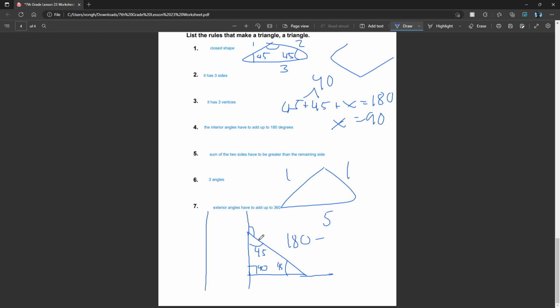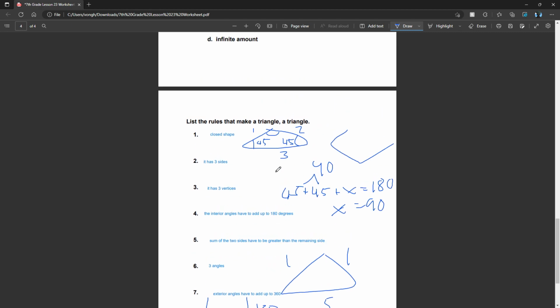So 180 minus 45 equals 135. Since this is 45, it's also going to be 135 here. And then 180 minus 90, that's also 90 here. If we add up both of them, 135 times 2 plus 90, you should get 360. And yeah, you do. So these are the rules, make sure you know them.